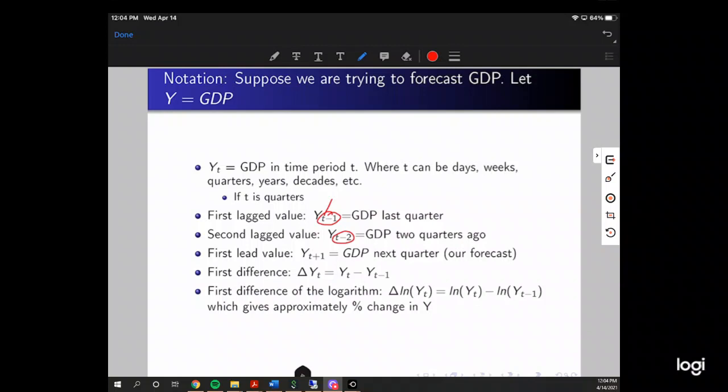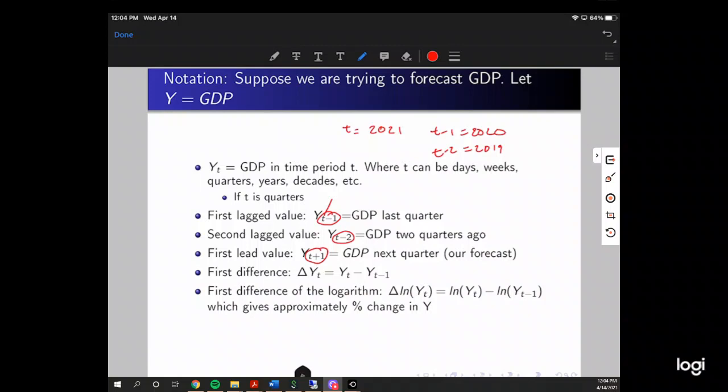If we're doing this in years, t is 2021, and t minus 1 equals 2020, t minus 2 equals 2019. We can have lags and we can have leads. The first lead value, t plus 1, is GDP next quarter. Remember, we're thinking of quarters.